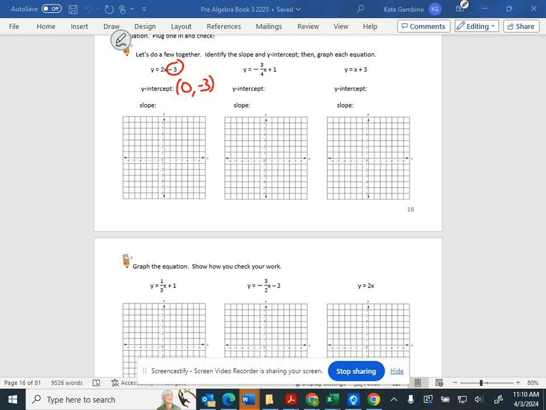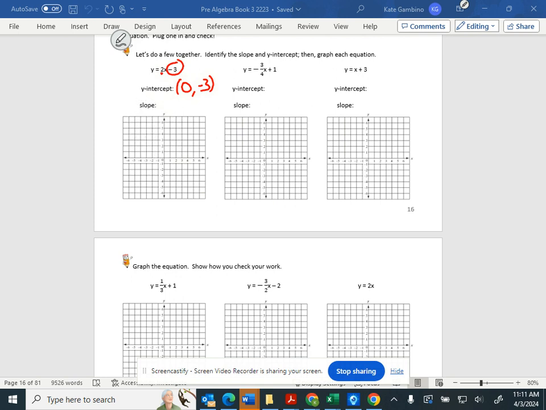What is our slope? Claire? Rise over run. So 2 over, it's a positive 2. No, because 2 over 0 would be 0.